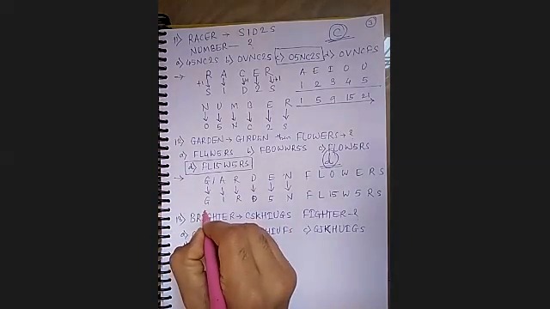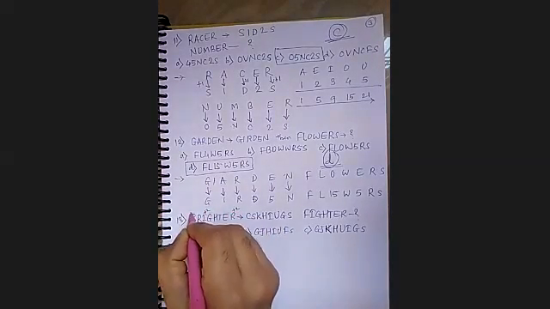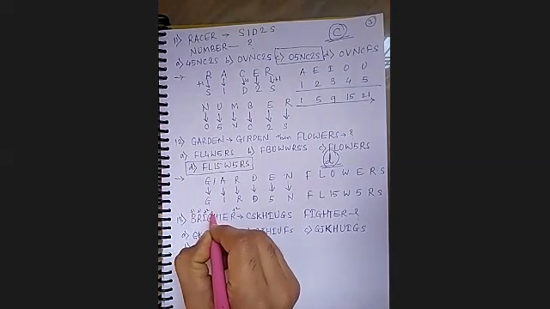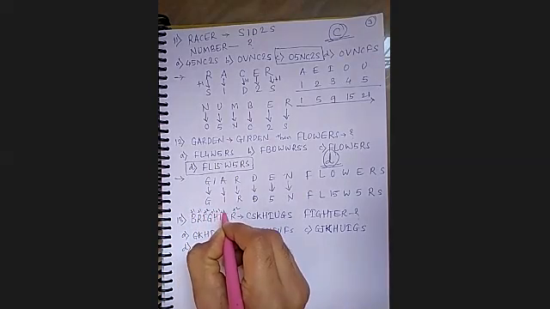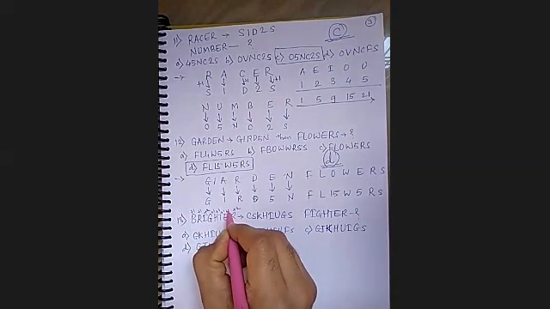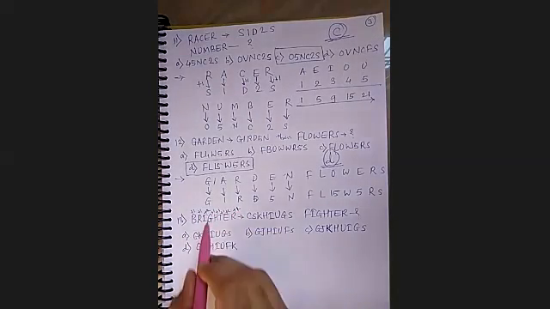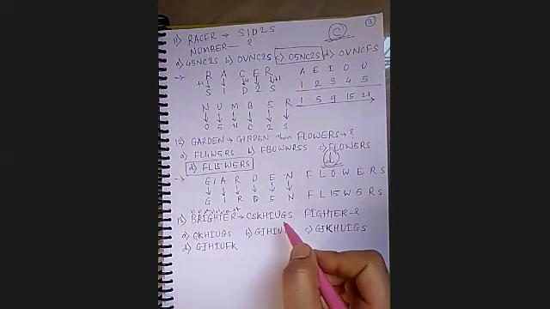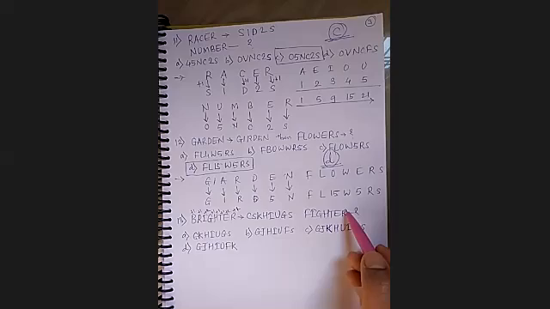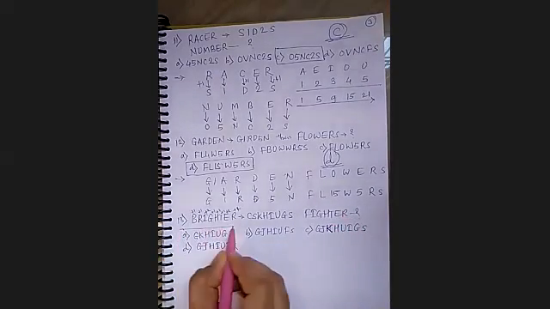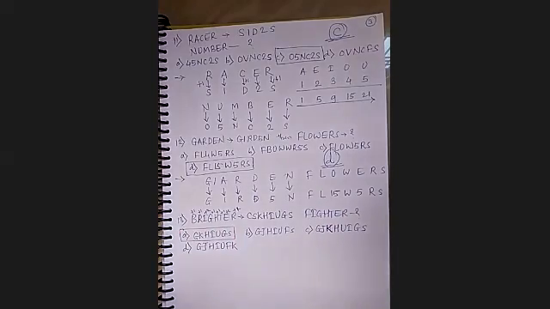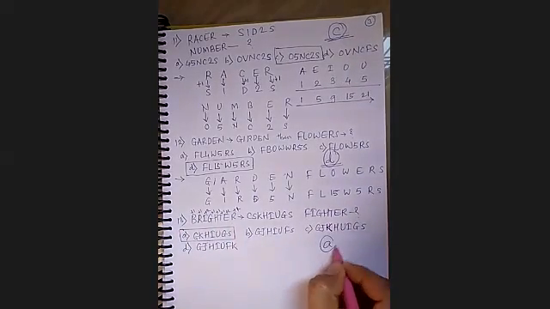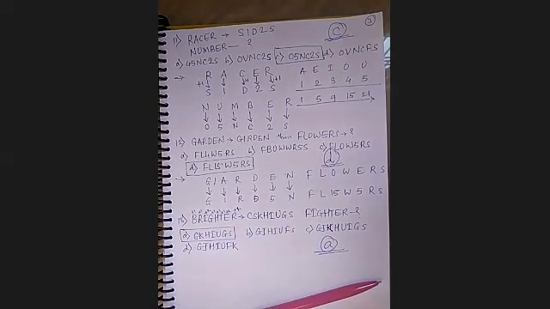So this plus 2, this plus 2, and this plus 1, this plus 1, this plus 1, this plus 1, this plus 1, right? Sorry, this plus 2, this plus 1. That has resulted in your CSKHIUGS, and therefore fighter will result in this particular way if you apply the same logic, and therefore option A is your answer.